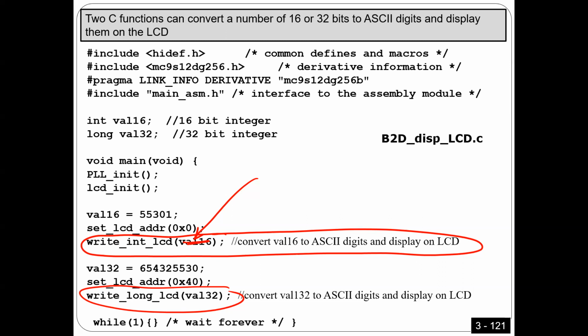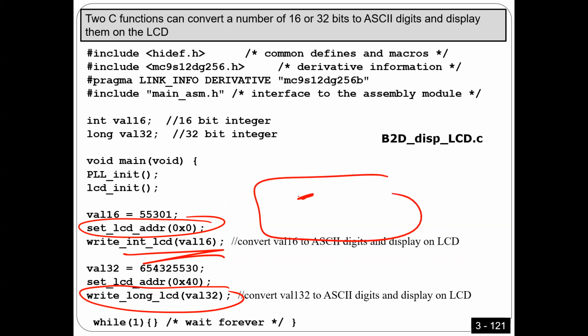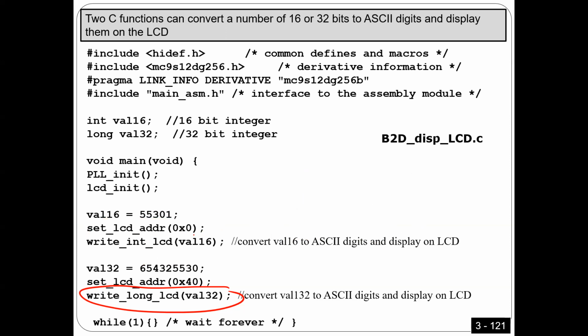So this one can work this way. As you see here, I set the location. I put the location of the cursor, and this one is gonna write from this location. So if I put the cursor here, you are gonna start writing the number from here. If I put it here, you are gonna start writing from here and so on. So here I did it this way. This is a variable.